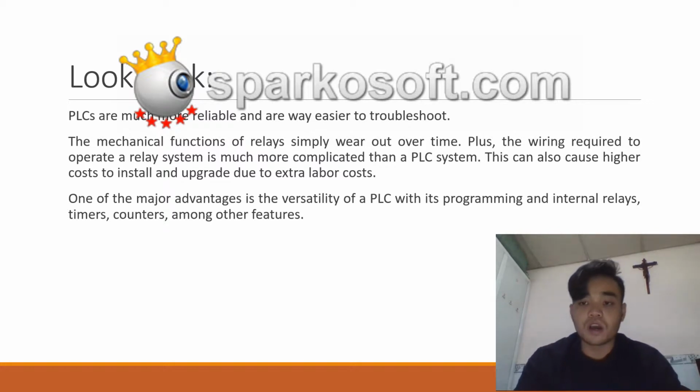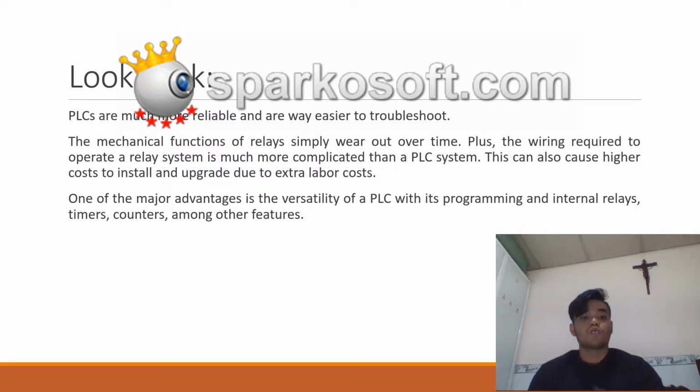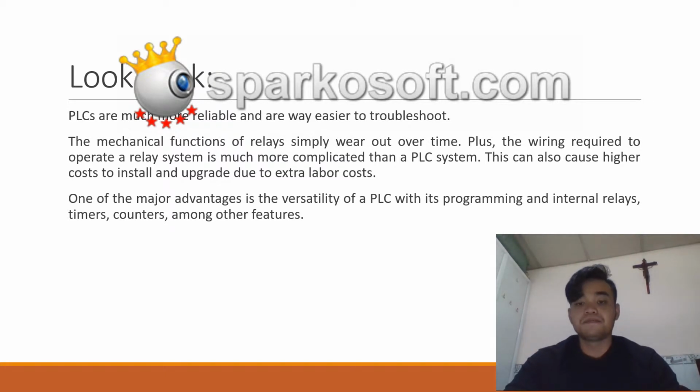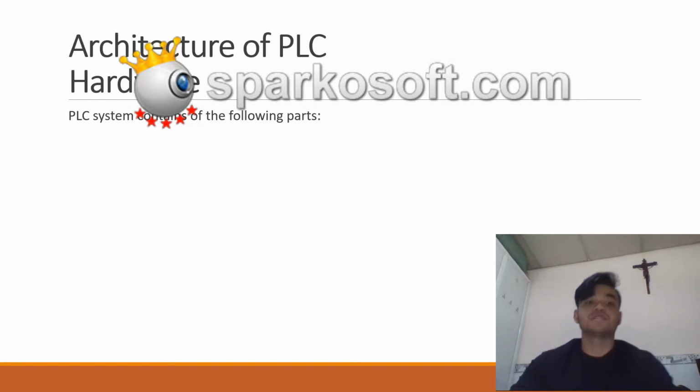This can also cause higher costs to install and operate due to extra labor costs. One of the major advantages that I introduced to you is the versatility of the PLC with its programming and internal relays, timers, counters, among other features.